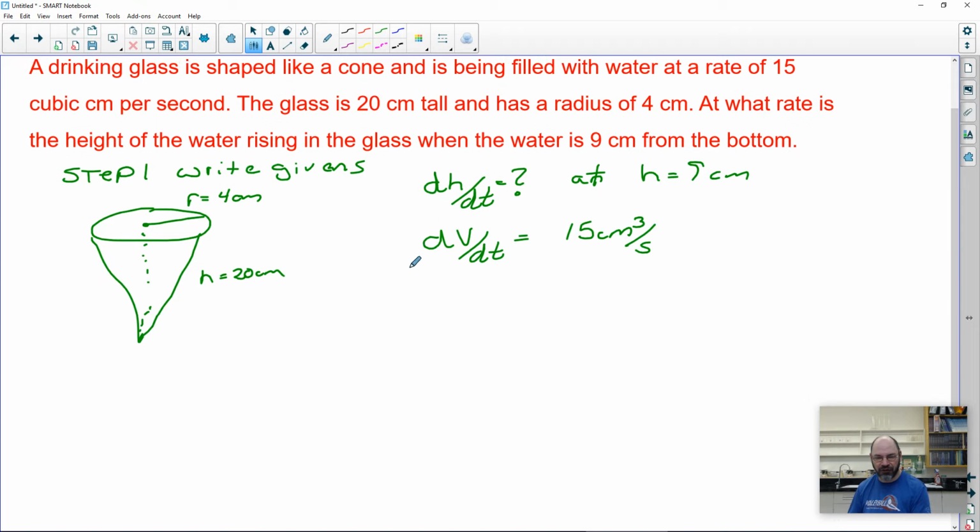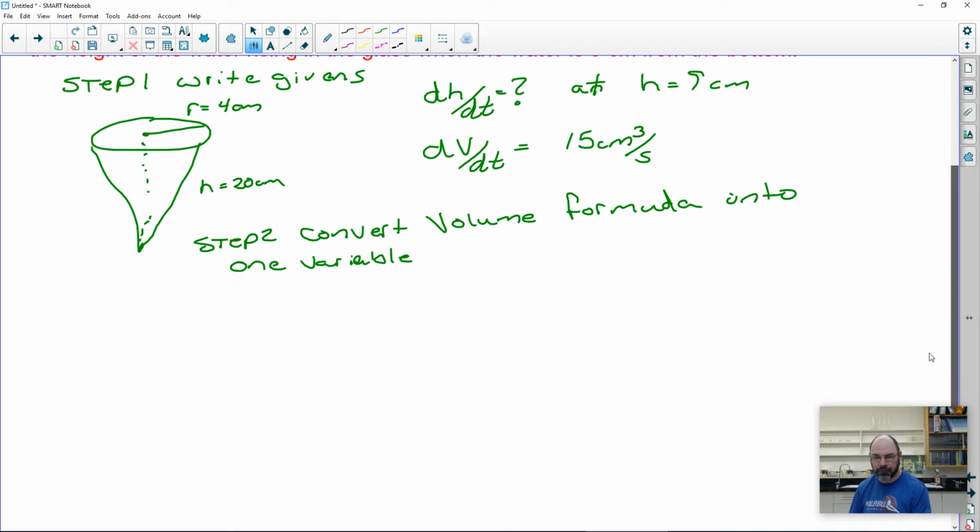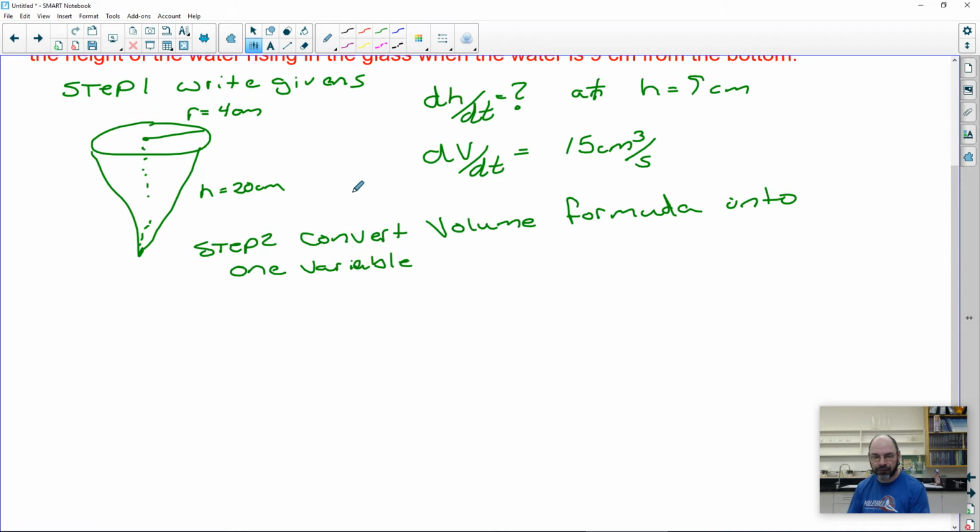We have to now convert our volume equation into one expression. So in step 2, we're going to convert the volume formula, we'll say, for a cone into one variable, either R or H. Okay, so we're going to do this using the relation of the glass, 4 and 20.